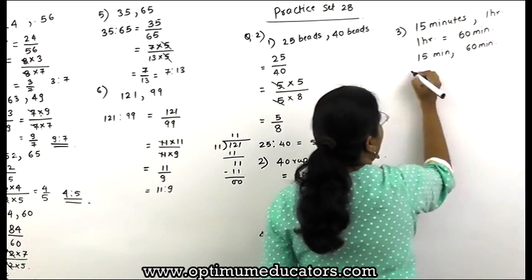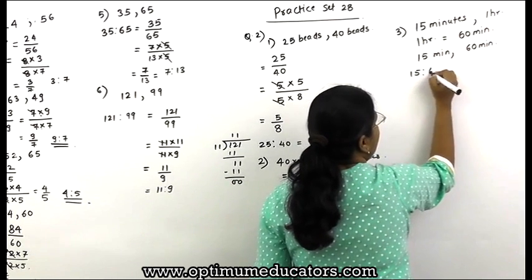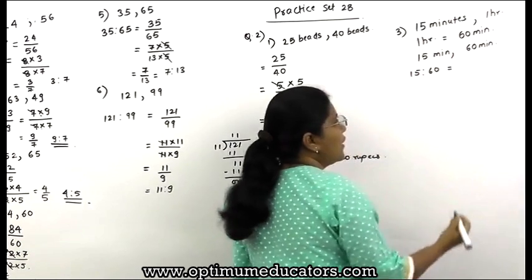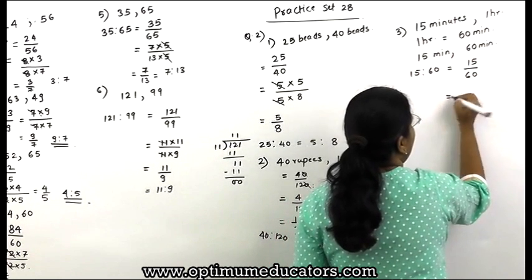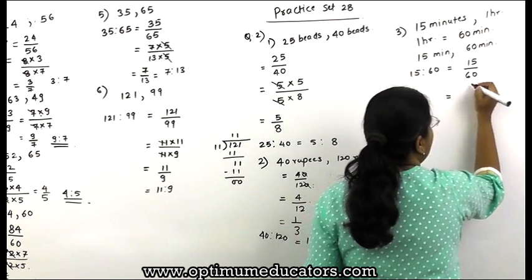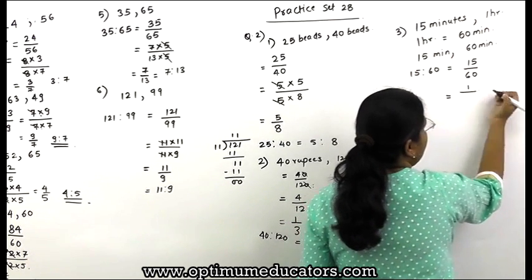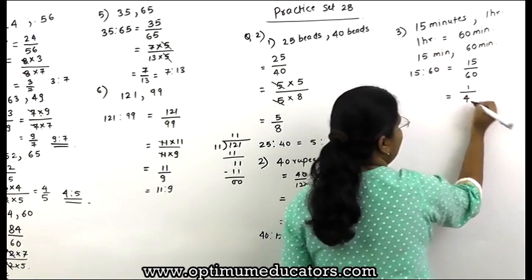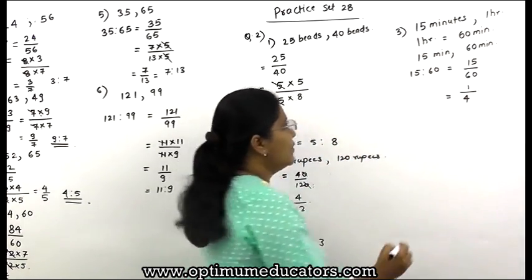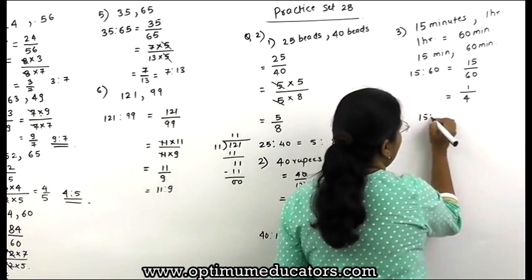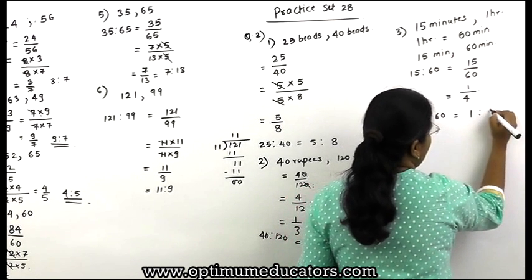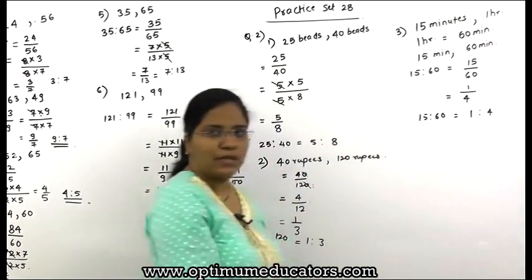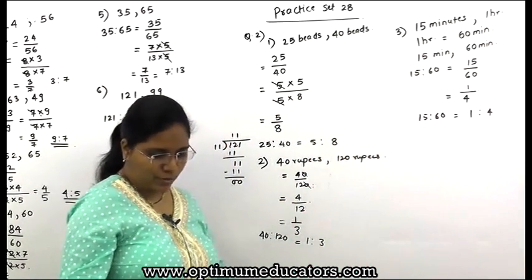So you are supposed to find the ratio of 15 upon 60. 15 1s are 15, 15 4s are 60, isn't it? So 15 upon 60 is the same as 1:4, isn't it? Let us go for the next.